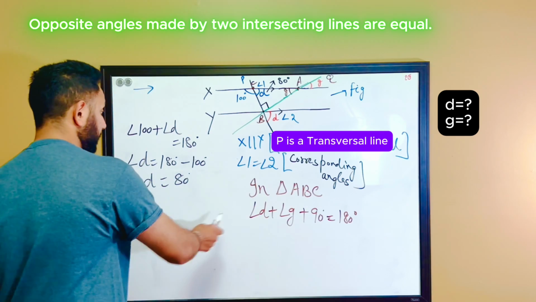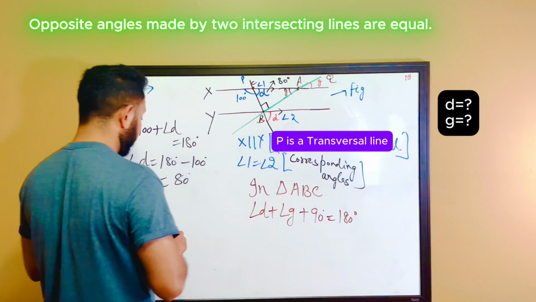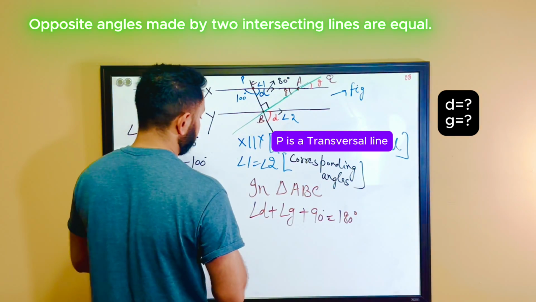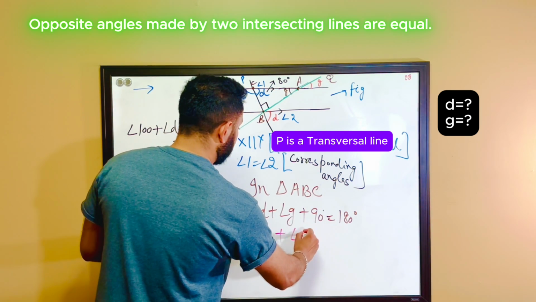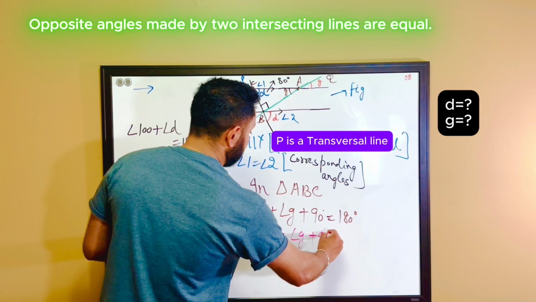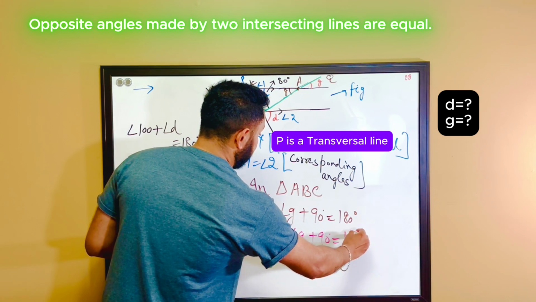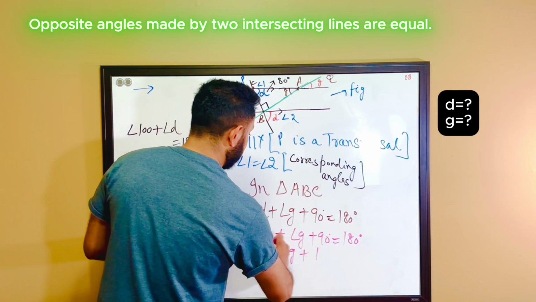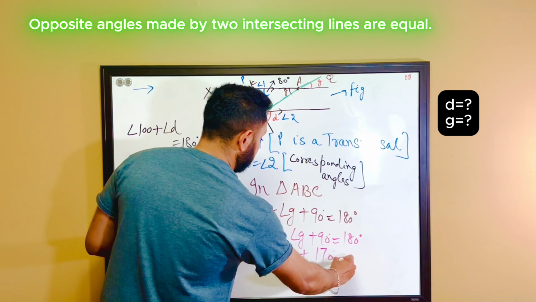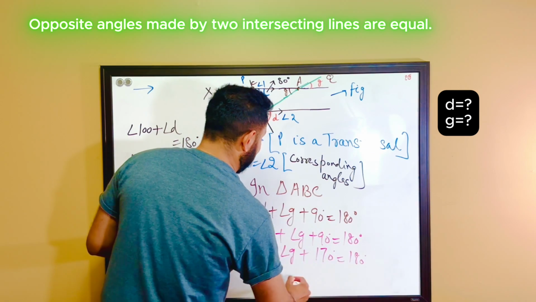And we got the angle D as 80 degrees. G that we need to find out, plus 170 is equal to 180.